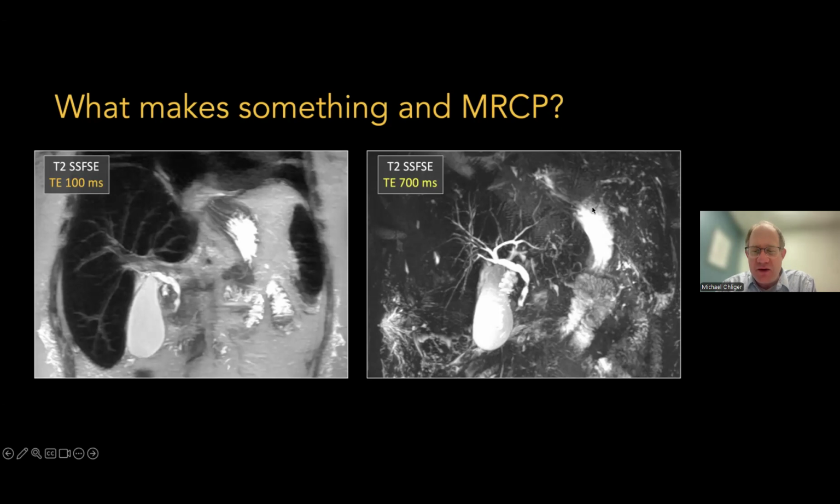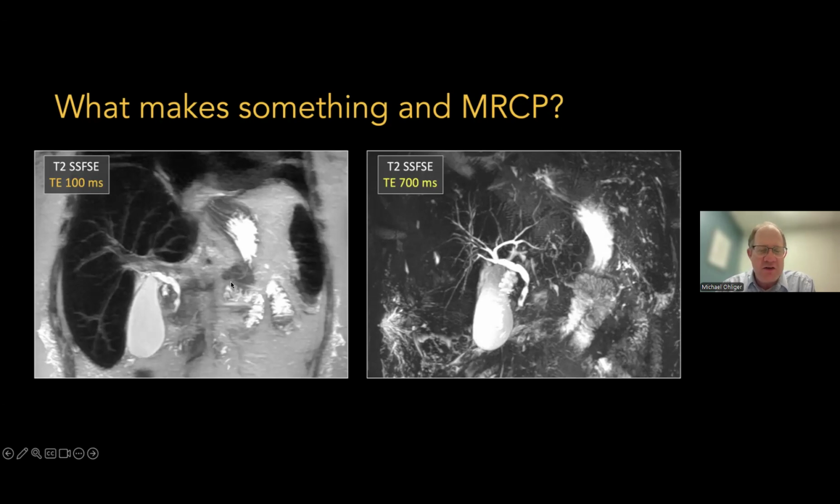And so we see we have the biliary tree, but it looks a little bit ugly because we have a lot of contamination here with the stomach and the duodenum and other things. A lot of times the MRCPs that you see have been edited so that we cut this part out and you ignore everything else. And so that's why it looks good.